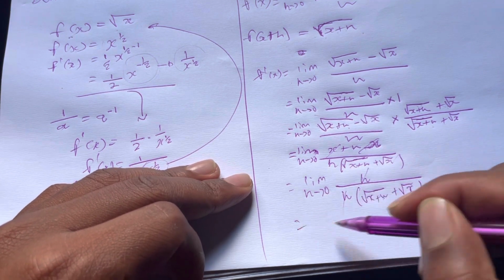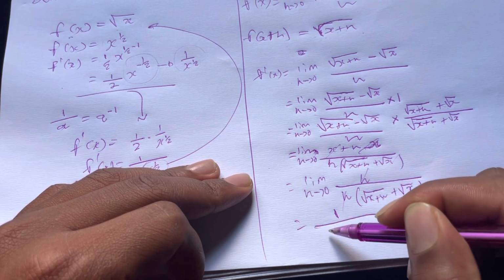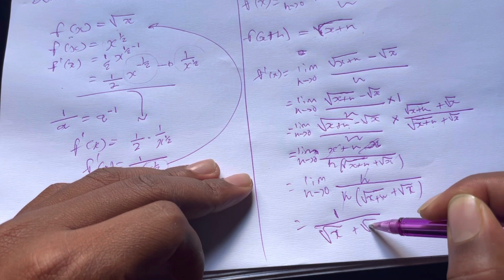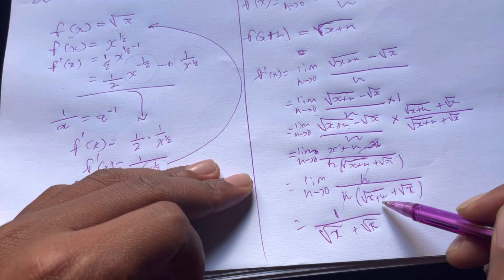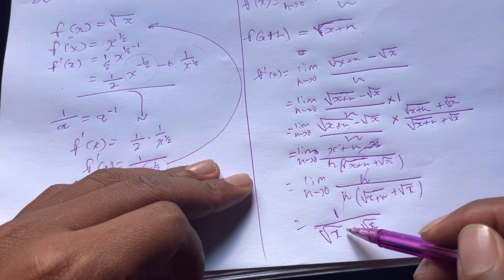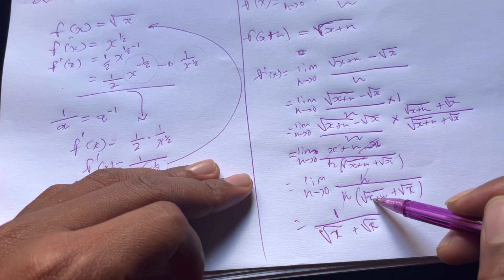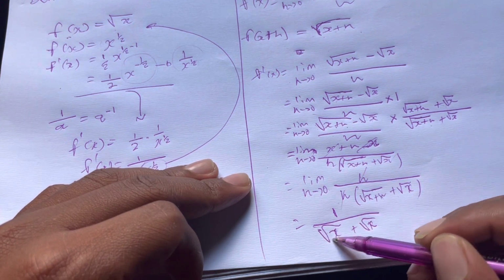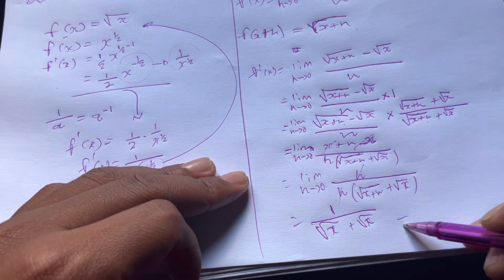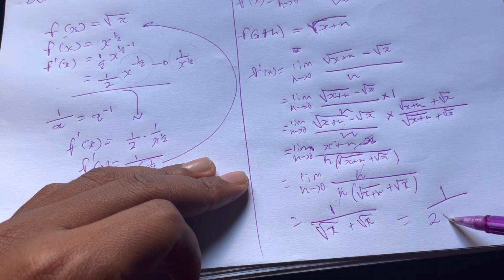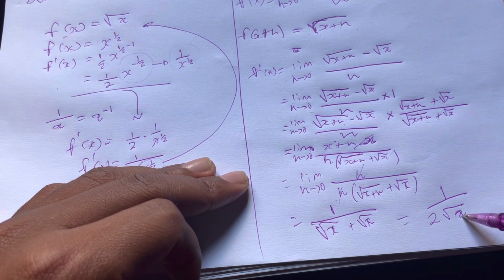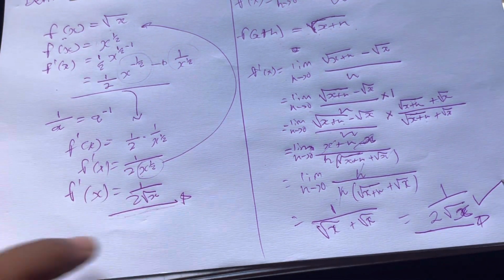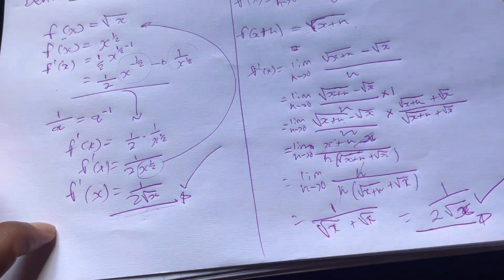So it will then be 1 over square root of x plus square root of x. Because now if this h has become 0, then it will be x plus 0, it will be x. So hence we just wrote it like that. So 1 over square root of x plus square root of x would be 1 over 2 square root of x. There. So you see, this is the same as the answer that we got there.